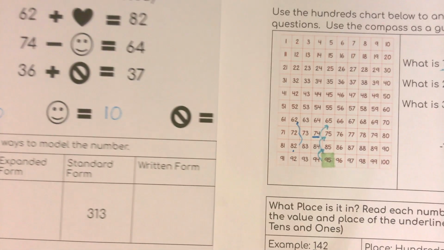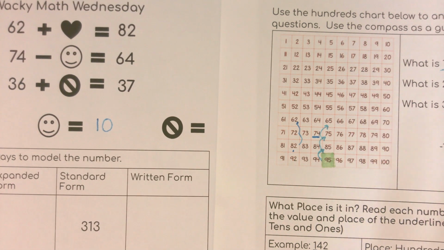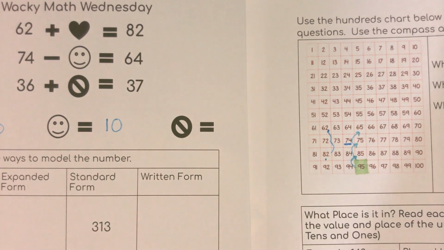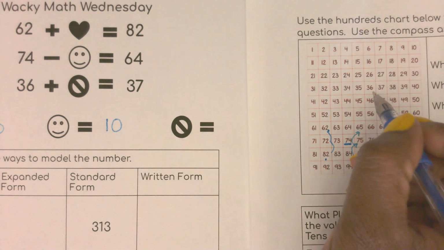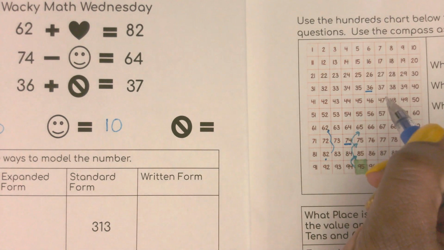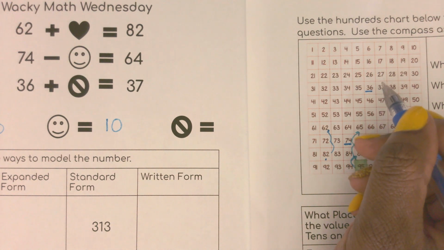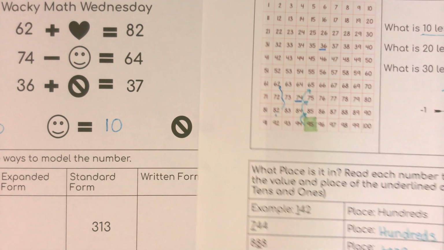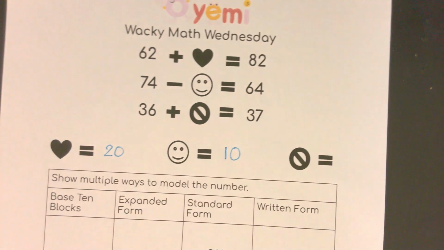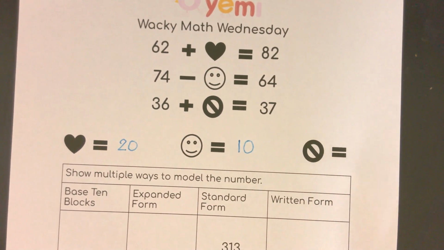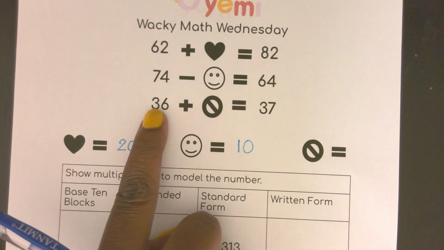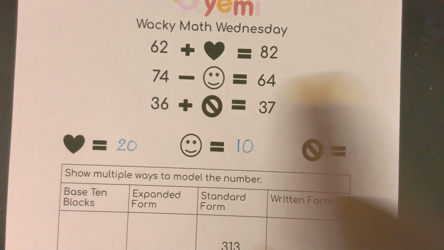Now for the very last one, that no sign, right? I'm going to start with 36, and I have to make my way to 37. I might not even need this hundreds chart for that one. How much do I need if I'm at 36 and I go to 37? I just need to add one more.